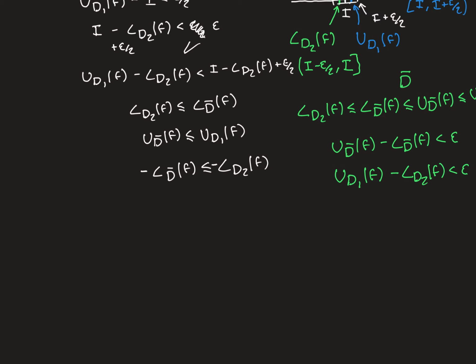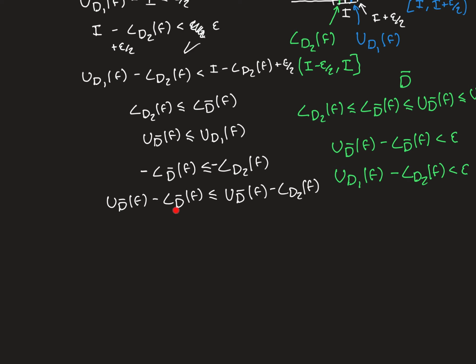Now, remember what we're aiming for. We're trying to get something about this. So that's the reason I've multiplied it through by negative, so that I've got a negative here. Now I'm going to add the upper Riemann sum onto both sides. So I'll have the upper Riemann sum d bar of f minus the lower Riemann sum of d bar of f is less than or equal to the upper Riemann sum over d bar of f minus the lower Riemann sum over d2 of f.